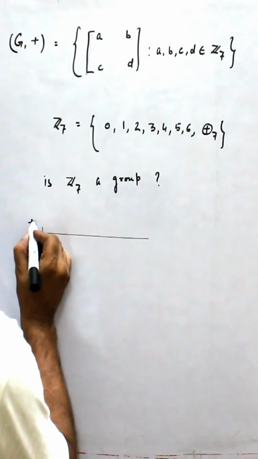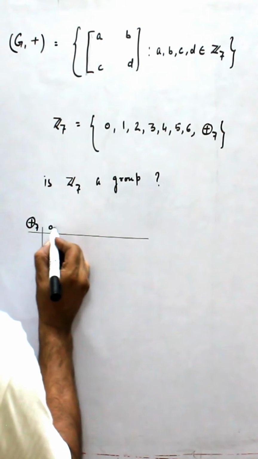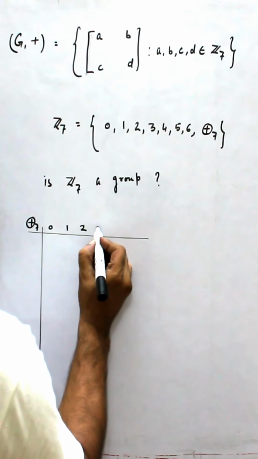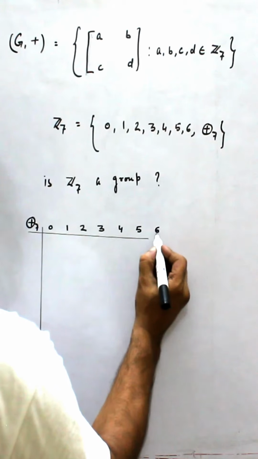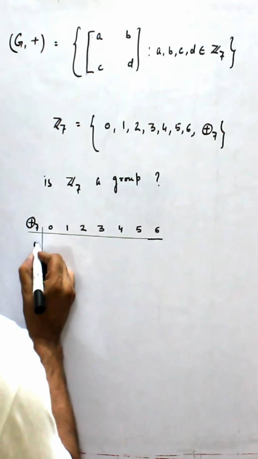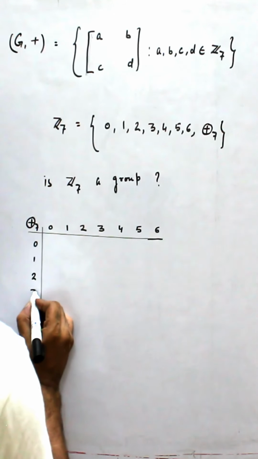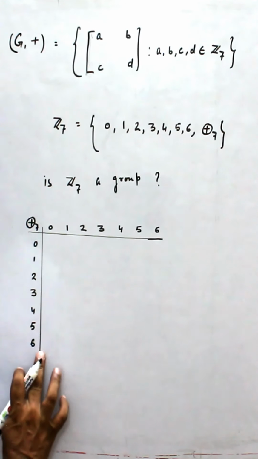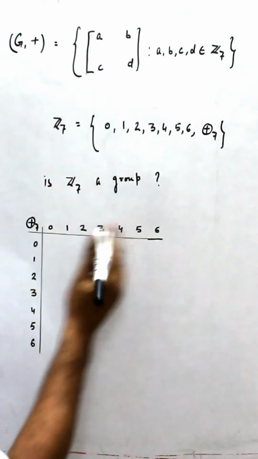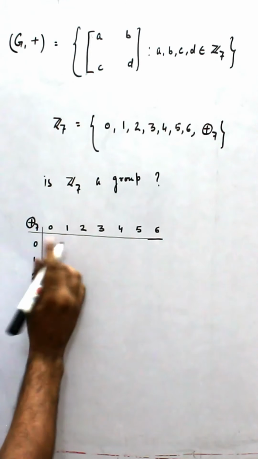Our operation table is this, with 0, 1, 2, 3, 4, 5, 6 along both sides. If 0 is added to any element, we get the same element.